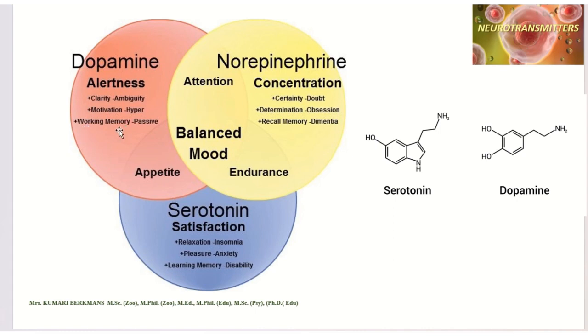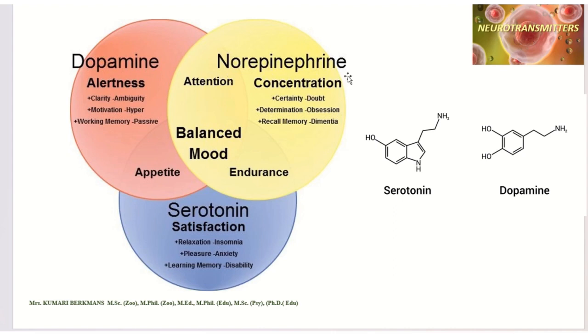And working memory: he has a good memory in the working place, as well as in any work he handles, and that work will be done perfectly if the dopamine amount is proper. If it is not, that person has ambiguity, is hyperactive, and has a very passive memory.